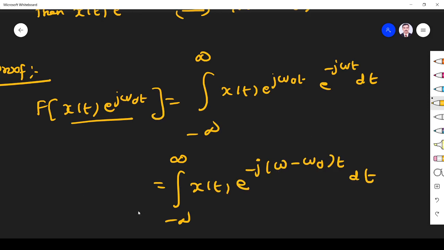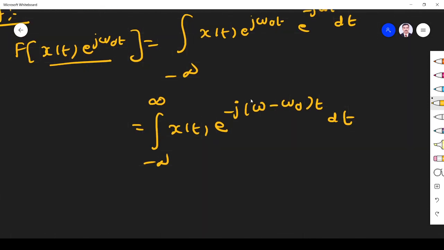Right, yes or no? If we have simply x of t e power minus j omega t dt, we will say it is the Fourier transform X of omega. Here, instead of omega, what we have is omega minus omega naught.